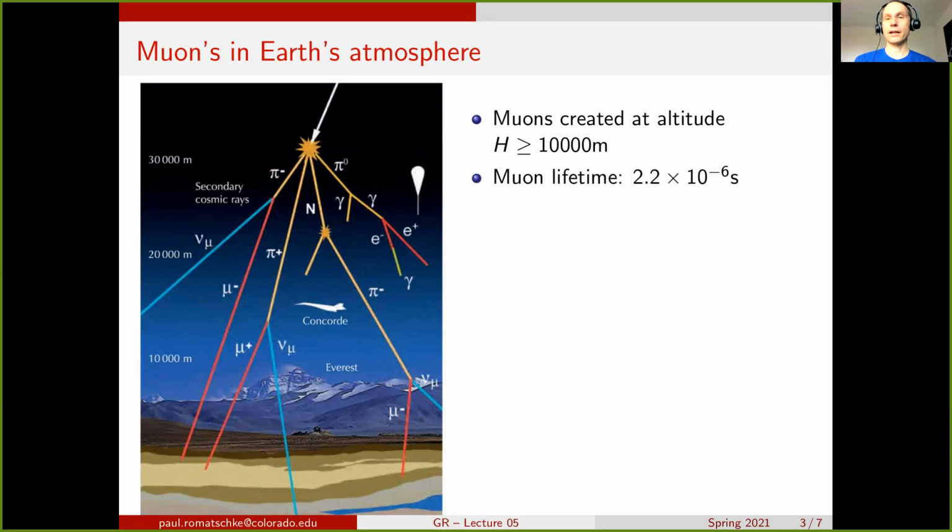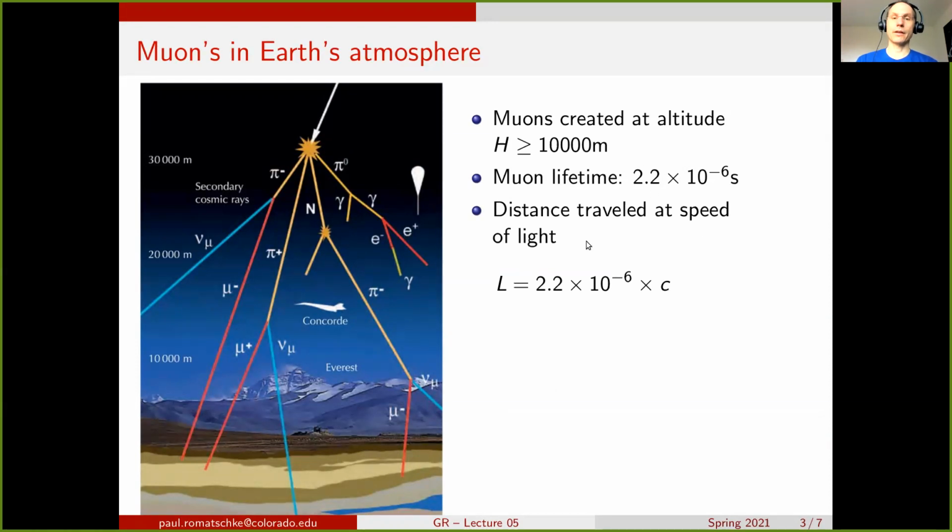We know the muon lifetime. It's about 2 microseconds. We can assume that these muons are very fast, so the fastest they can possibly travel is at the speed of light. If they travel at the speed of light, we can estimate how far they get during their lifetime before they typically decay.